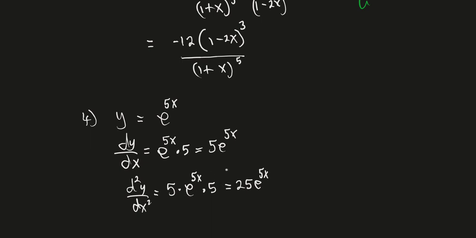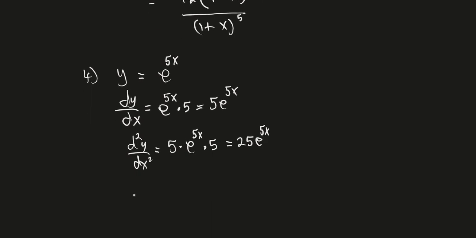What does it look like if we did the third derivative? Well, our third derivative, d3y dx cubed. So again, now the constant that's in front that comes down is the 25. Let me write that more clearly. So we have our 25 there. When I differentiate the e to the 5x, I get back e to the 5x.